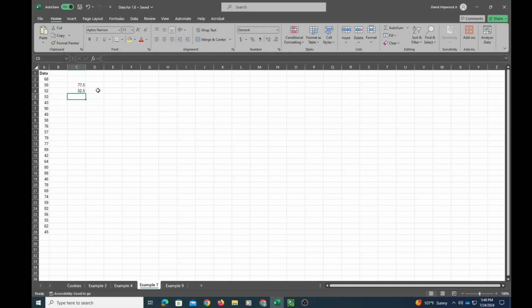Now I know I'm going to be asked for the interquartile range, so I need to subtract these values. I could do that in my head, or on my calculator, or here in Excel I can say equals Q3 minus Q1. Okay, so there's my IQR, 25. So I've got 77.5 for Q3, 52.5 for Q1, and then 25 for the IQR.